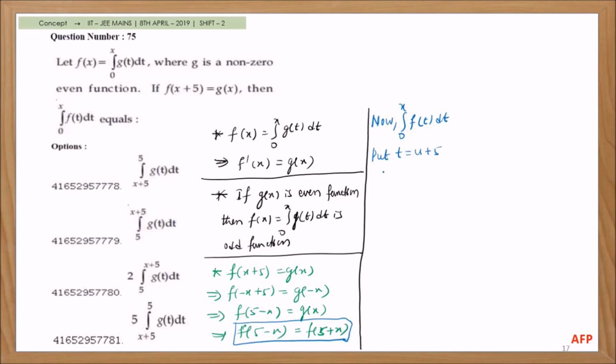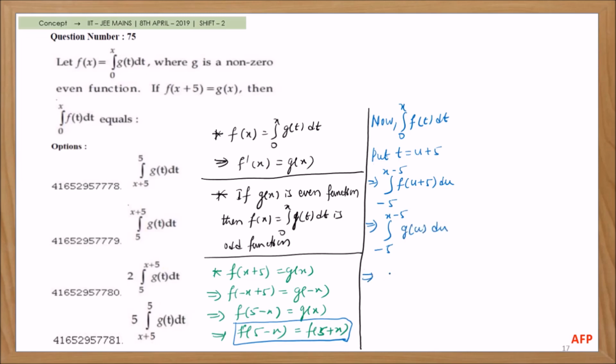The integrand becomes f of u plus 5, and when you differentiate, dt becomes du. When t is 0, u becomes minus 5, and when t is x, you get x minus 5. So these are the limits: the integral from minus 5 to x minus 5. This is nothing but g of x, so g of u du.